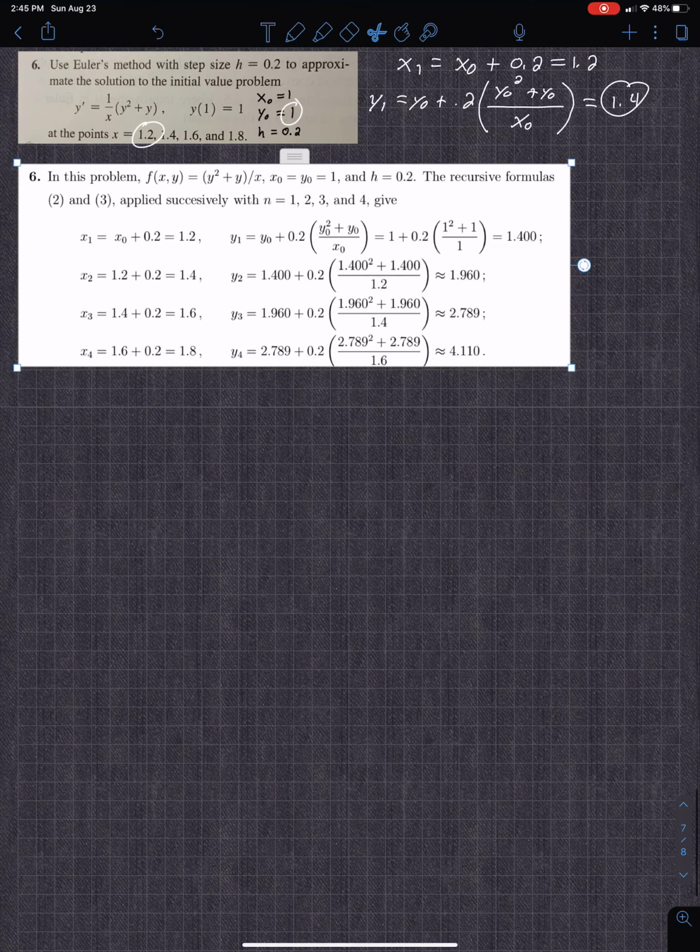All right, so let's just show you. Here's your 1.4. Substituting 1.4 and evaluating gets you 1.96. So your 1.96 is your y2, which you're substituting back in for your y3, etc. This is the iteration that you're doing.